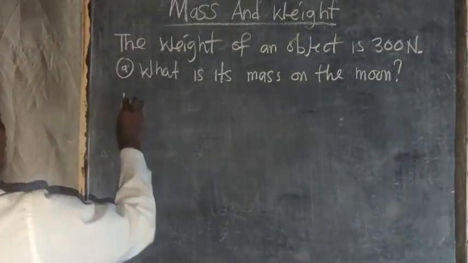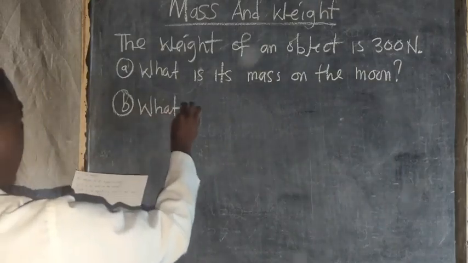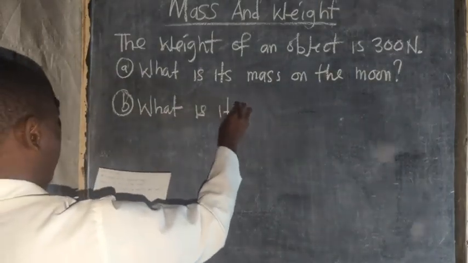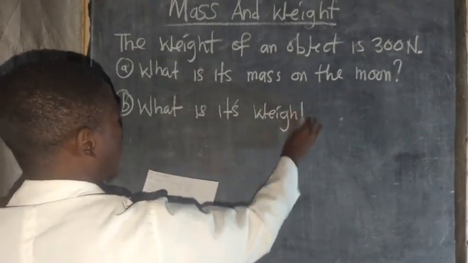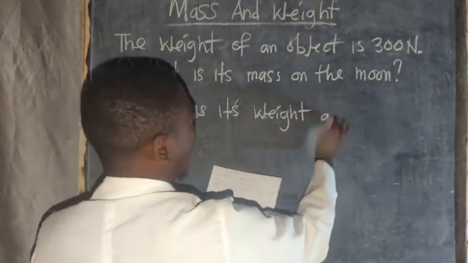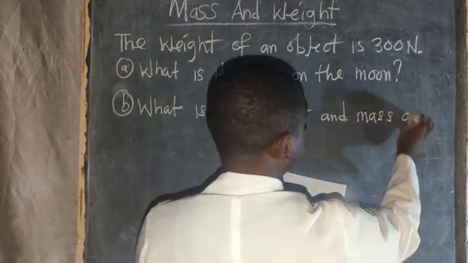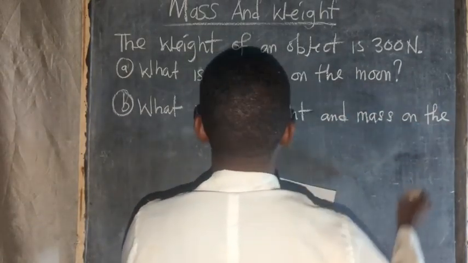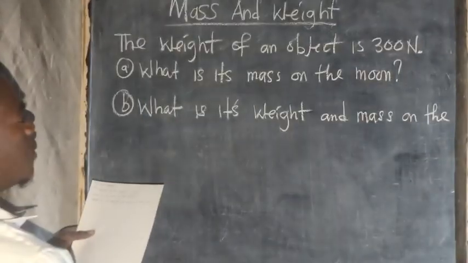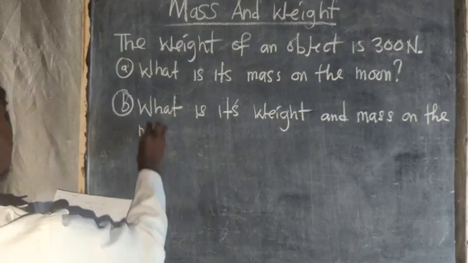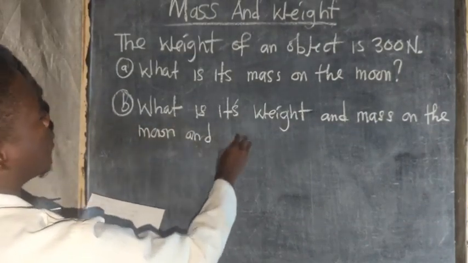Then 2, they are saying, what is its weight and mass on the moon and Earth?